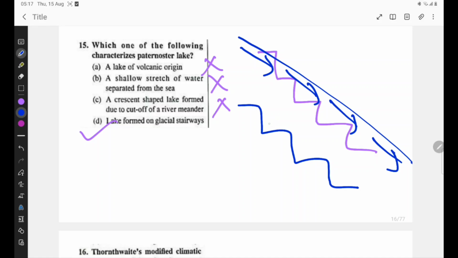And further, when the glacier retreats, or when the melting of glacier happens, the ice deposited here is melted and forms Paternoster lakes, like this. The ice here is melted.